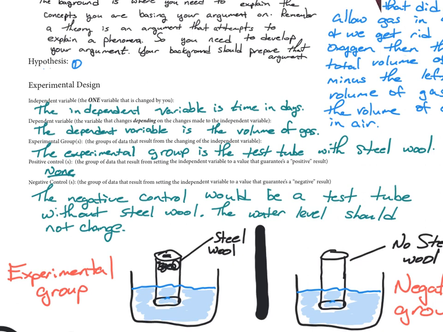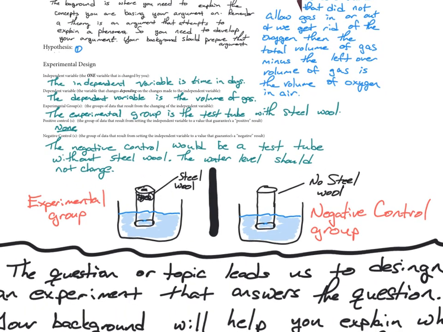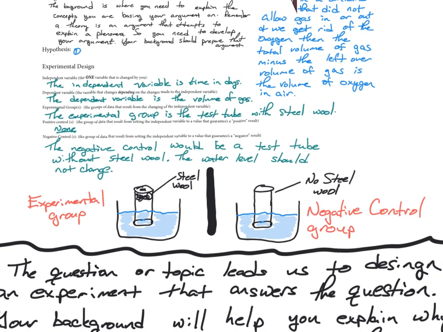In this case, the oxygen concentration is not changing. And how would you know that? What could you do that would allow you to compare your experimental group to it, so that you can see what no change looks like?